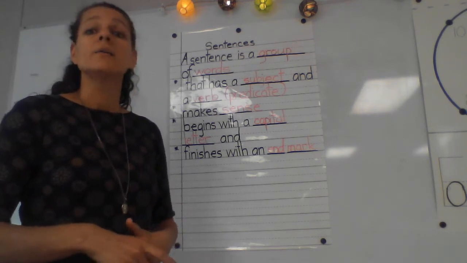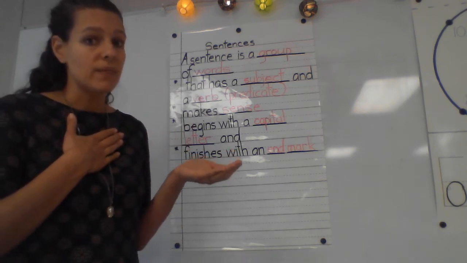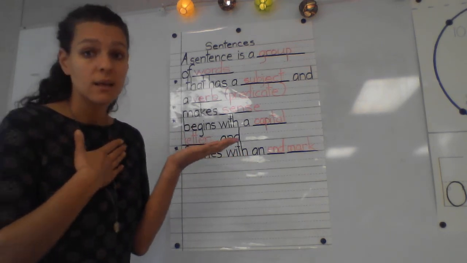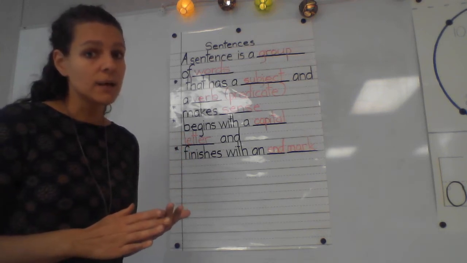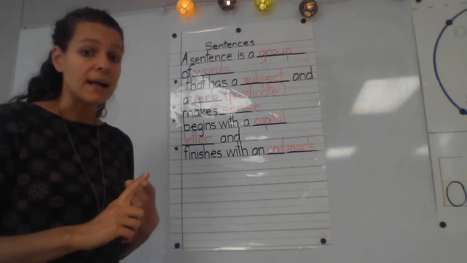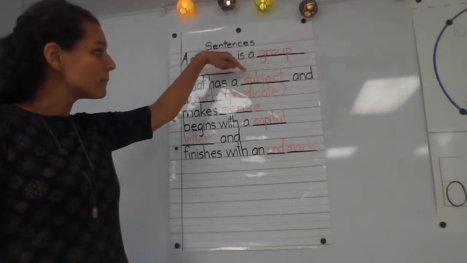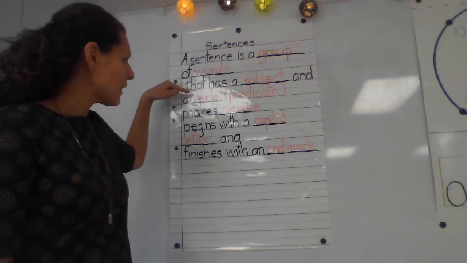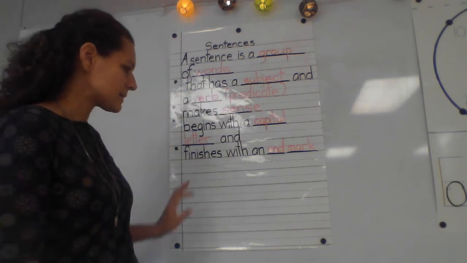It doesn't. So when I give you a sentence, it's very important that you always check it, but you'll be checking to make sure you wrote every word that I gave you, and for the capital letter and the end mark. Because if I give you a sentence, I promise you it will have a subject, it will have a verb or predicate, and it will make sense.